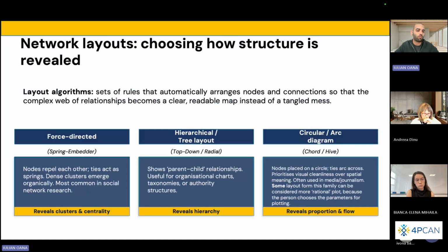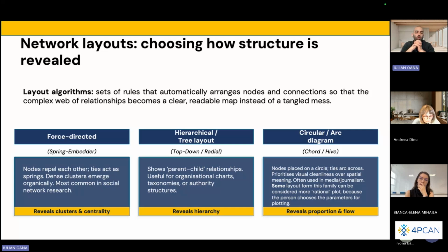And through various iterations, the image will resolve itself to a conclusion that will reveal clusters and central nodes. So if you want to reveal clusters and centrality, what's best is to use force-directed layouts. You can Google examples of force-directed layouts.